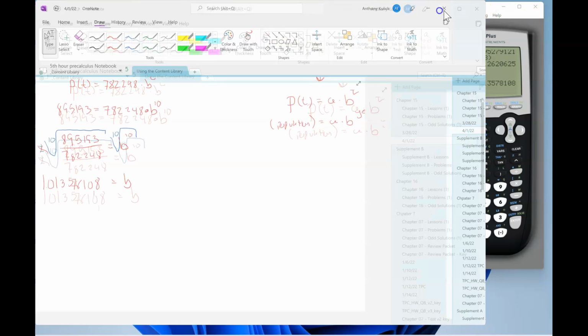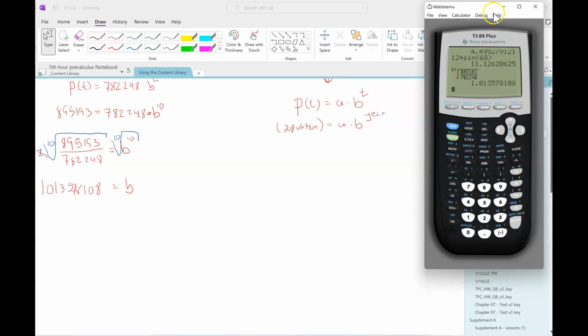Alternatively, if you remember from last time, we talked about square roots being the same as an exponent of a 1/2. You guys remember doing that? So a 10th root is the same thing as the exponent 1/10.